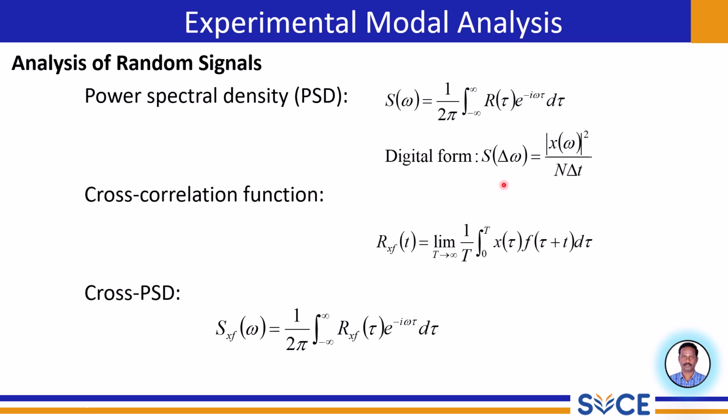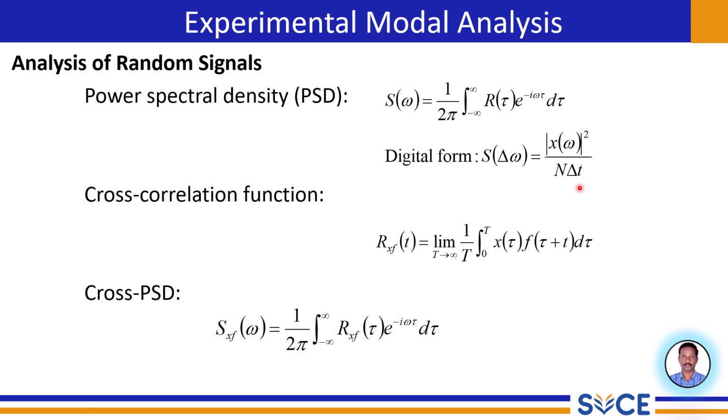S(Δω) equals |X(ω)|² divided by NΔt, which represents the magnitude of the Fourier transform of the digital signal x(t), where N is the number of data points and Δt is the sampling interval.